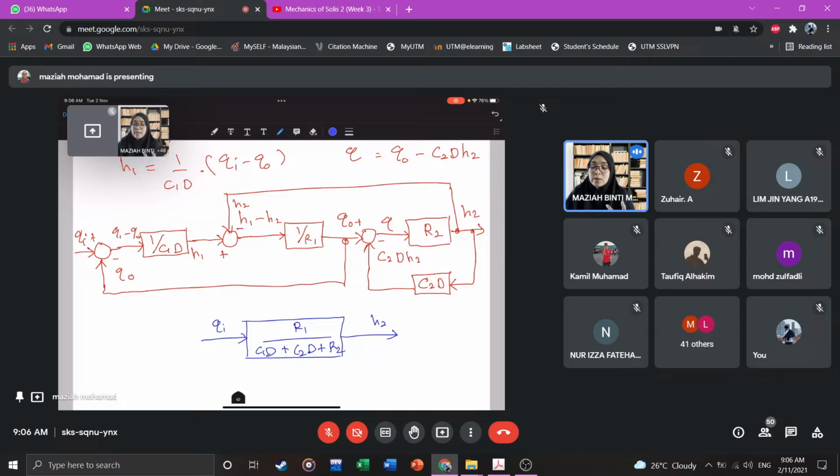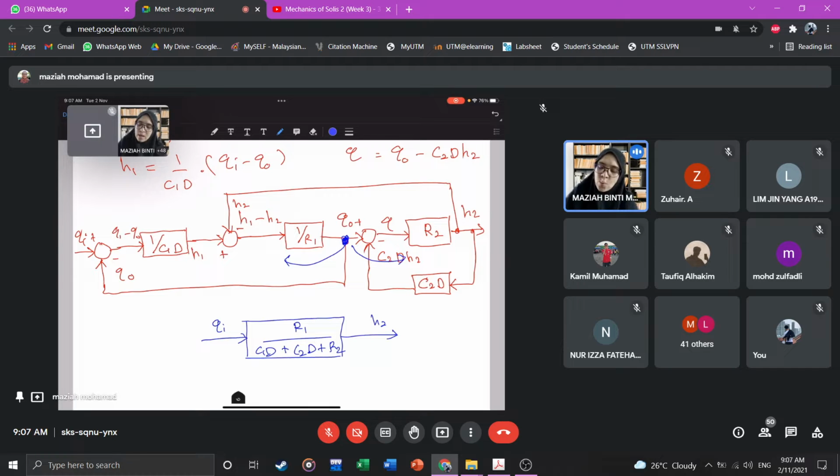Okay, so we want to get this final transfer function, but we're going to use the block diagram simplification method. All right, meaning with the block diagram simplification method, we will need to simplify this block diagram. There are actually 5 basic rules we can use. Maybe we need to move this pick off point, maybe to here or to here.